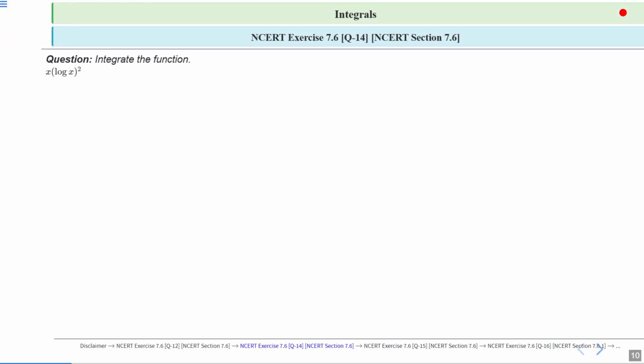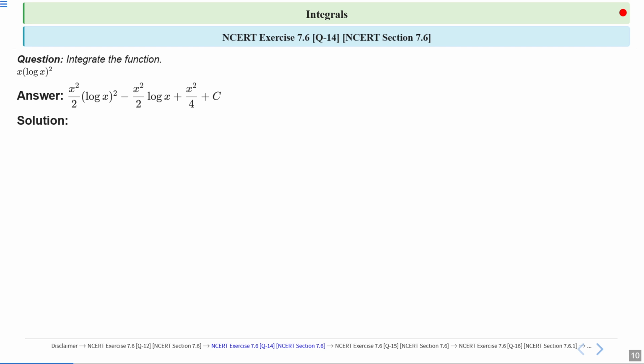So the answer is x square by 2 log x whole square minus x square by 2 log x plus x square by 4 plus constant of integration.